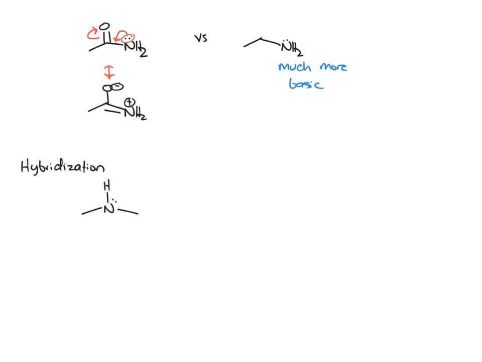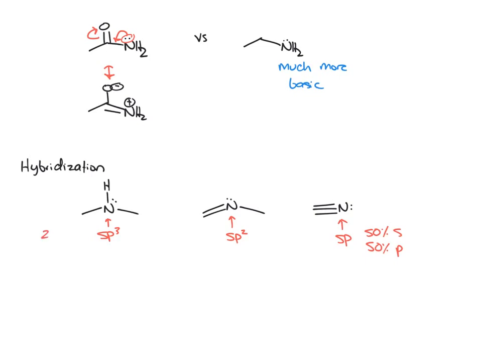So let's compare these three things. Okay, as far as the hybridization goes, we have 4 groups, that's sp3, 3 groups around the nitrogen, sp2, and 2 groups is sp. So let's look at the two extremes, sp3 and sp. sp, 50% S, 50% P character.